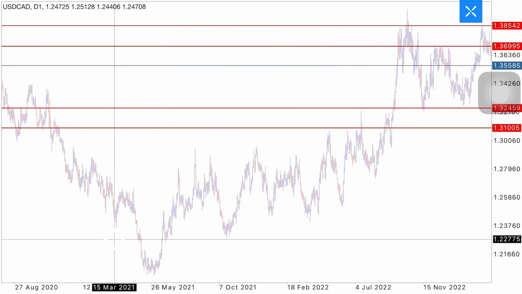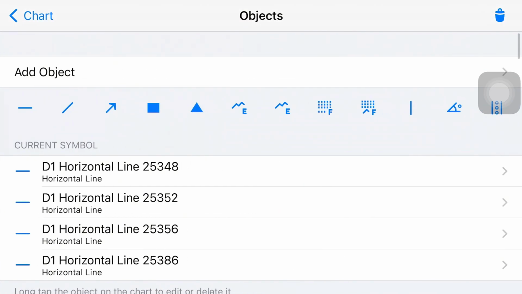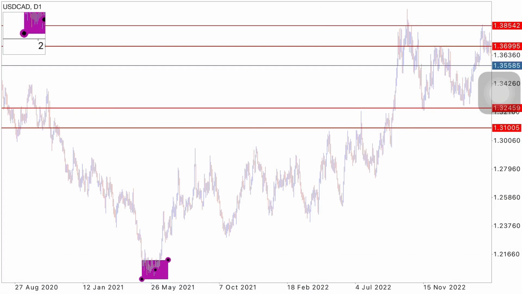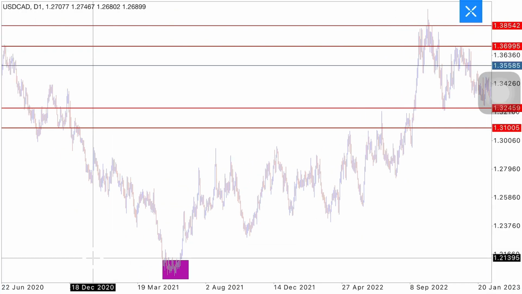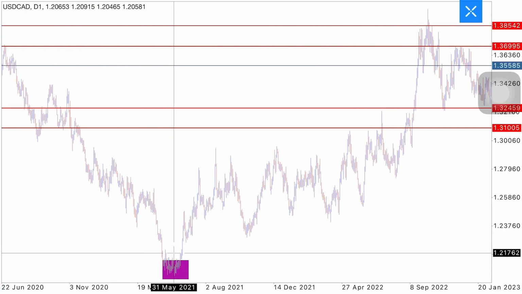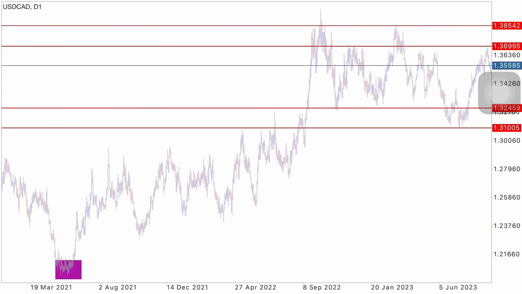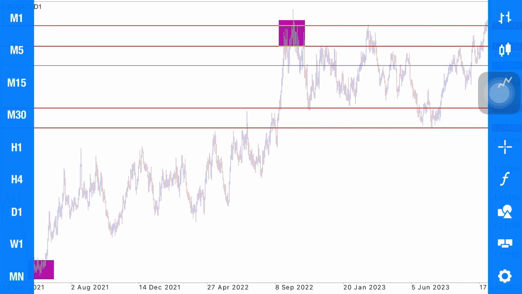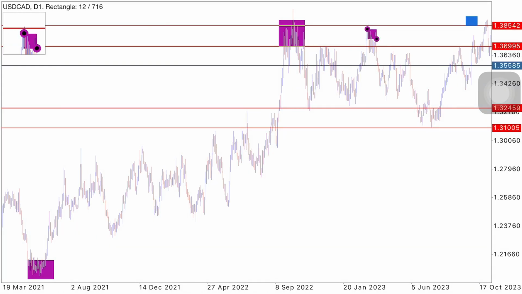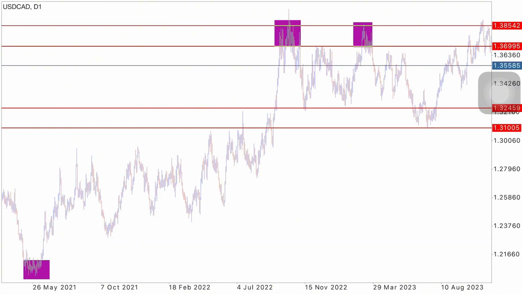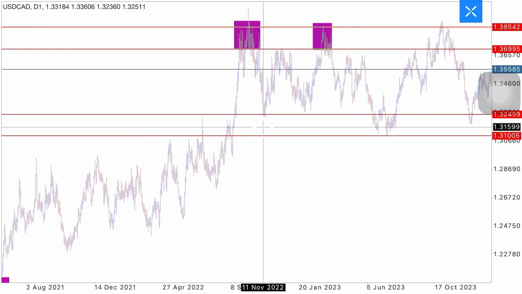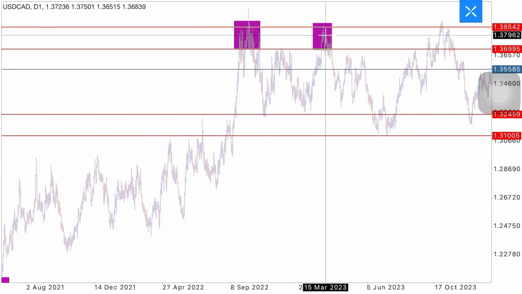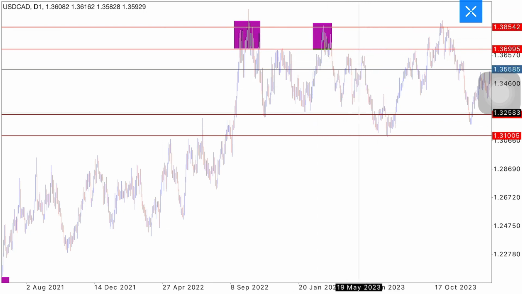Looking from previously, I can see that we had a change of market structure here, which is our first or highest change of market structure, and then this one also acted as our highest change of market structure. This point 2 came to retest our change of market structure and became our second change of market structure on our current market structure, which led into this move taking place.